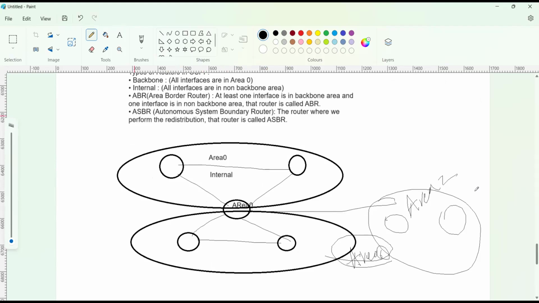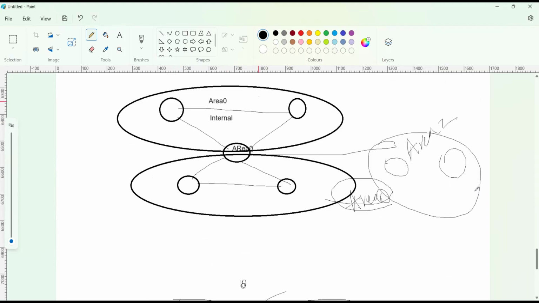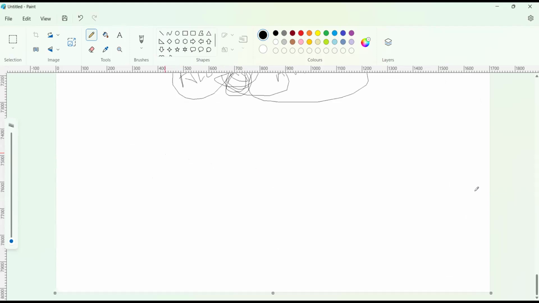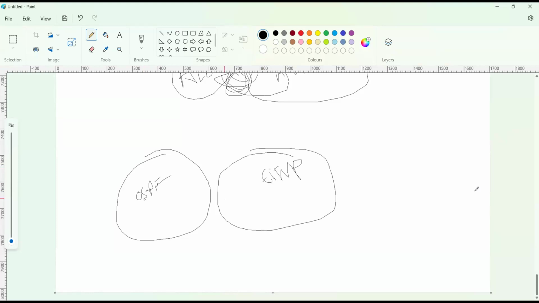What about the ASBR? ASBR, autonomous system boundary router. Here we have OSPF, and this is EIGRP. In between, the router that sits there we call an ASBR router.